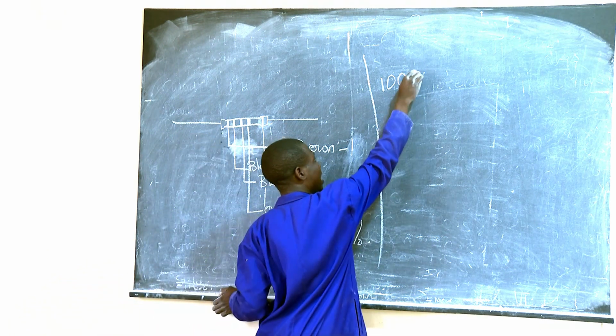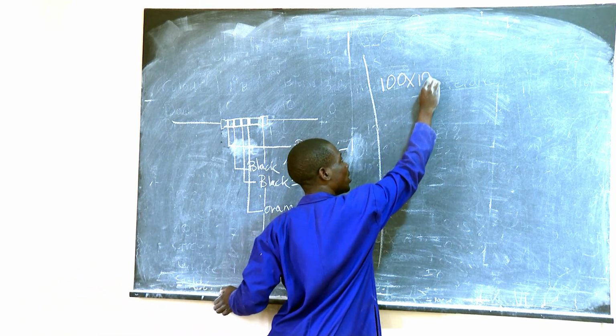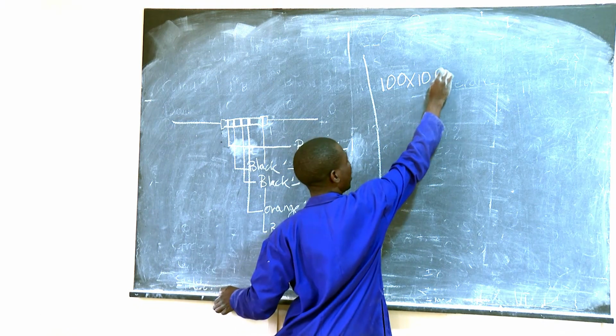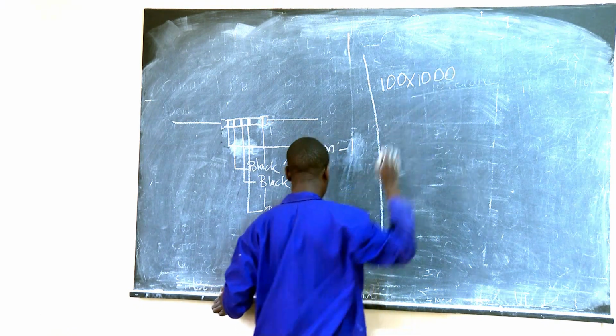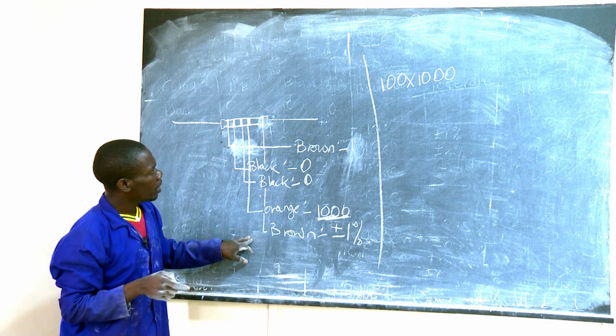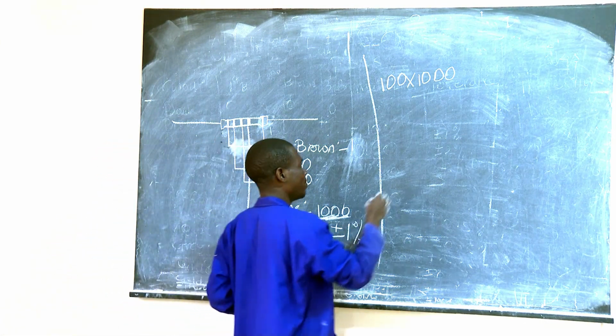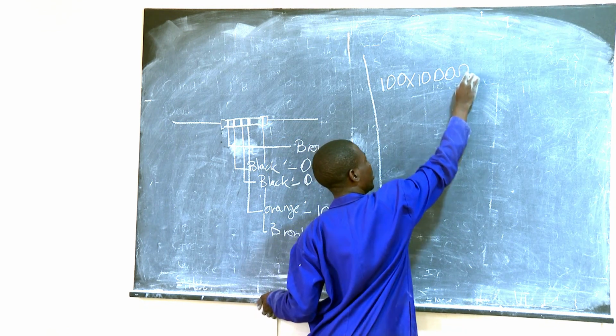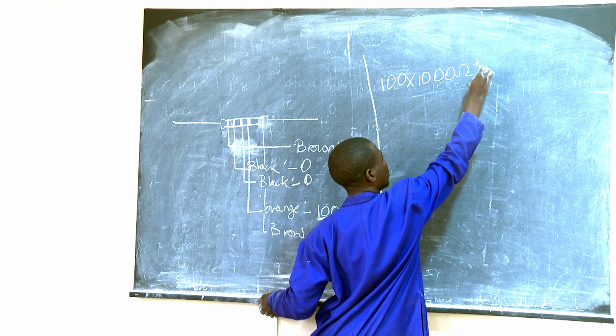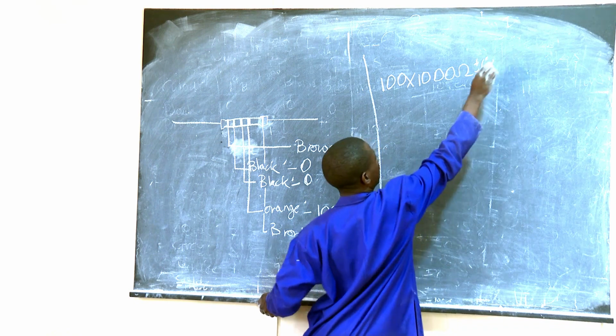So we multiply 100 by 1,000. That is orange. And then this one, you can just bring it. You also write this and 1%.